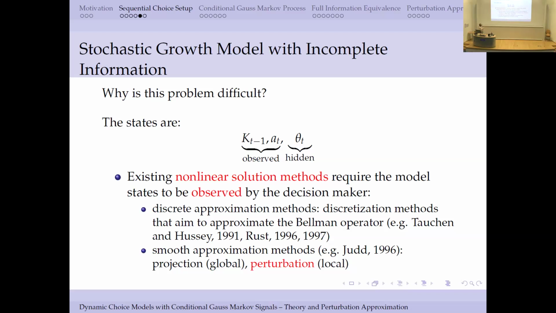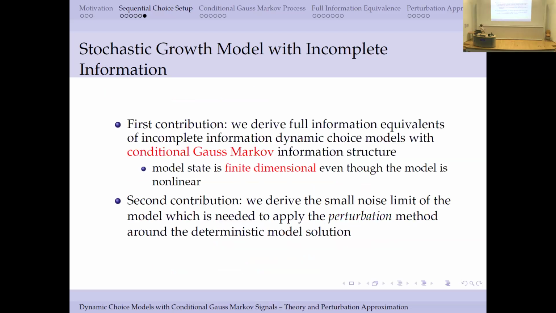All of the theory, or most of the theory, assumes that all of the states are observed by the decision maker. So there's also the issue of computation: how do we actually come up with nonlinear solution methods for these models?